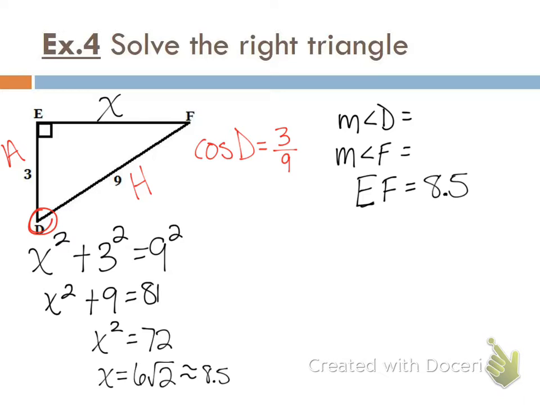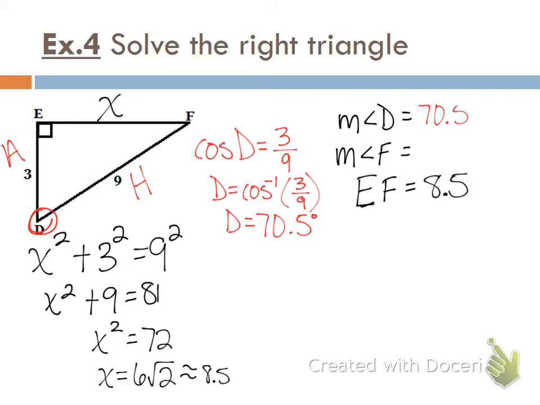Because we are finding an angle measure, we need to use inverse. So angle D is equal to inverse cosine of 3/9. If you want to reduce that to 1/3, that's fine. It's going in the calculator either way. Rounded to the nearest tenth, what do we get for the measure of angle D? 70.5. Okay. Degrees.